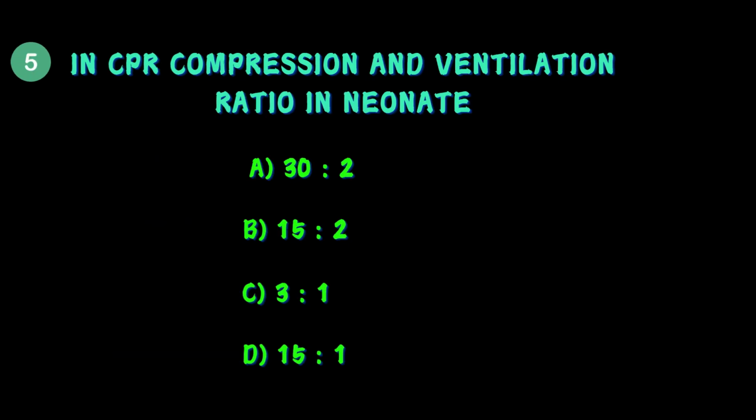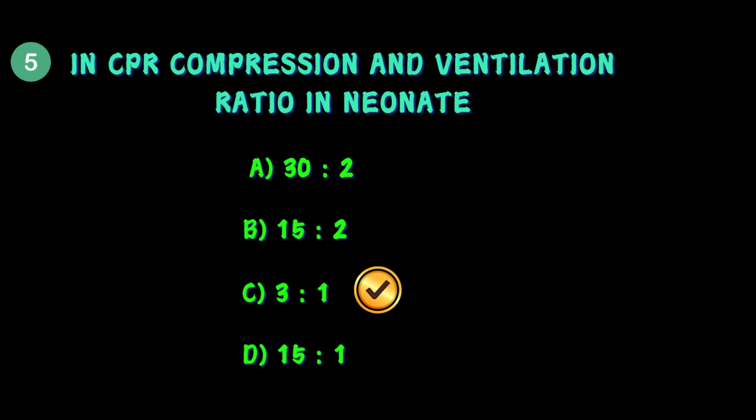Next question: in CPR, the compression and ventilation ratio in neonates. The options are option A 30:2, option B 15:2, option C 3:1, option D 15:1. In this question the right answer is option C, 3:1.